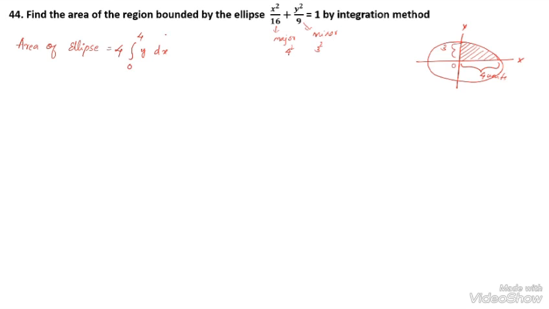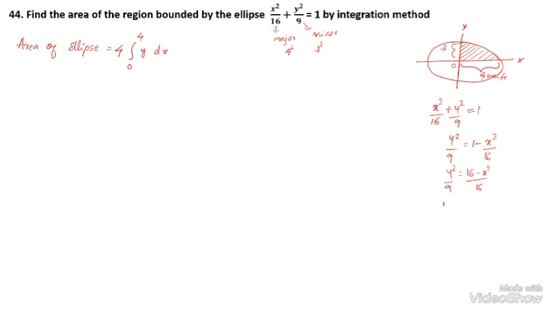Or else you can take it along the y-axis also. So while solving this equation, you will get: x squared divided by 16 plus y squared by 9 is equal to 1. We have to solve for y. That's why I'm taking y squared by 9 on the left side. Taking this on the right side, it becomes minus x squared by 16. So taking the LCM, y squared by 9 is 16 minus x squared divided by 16.